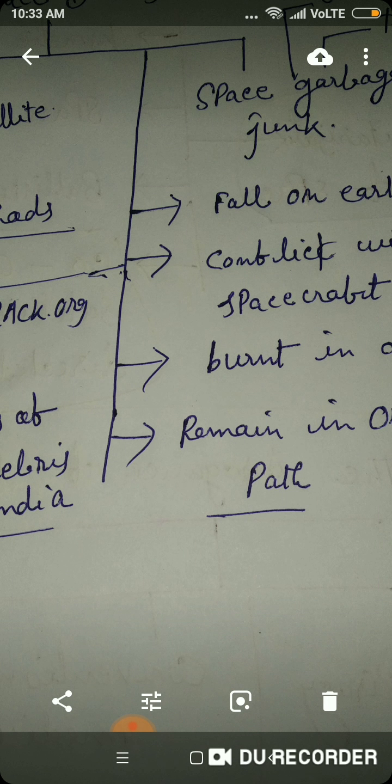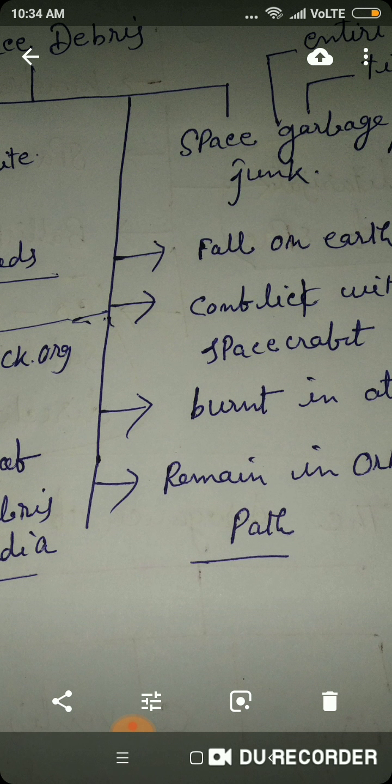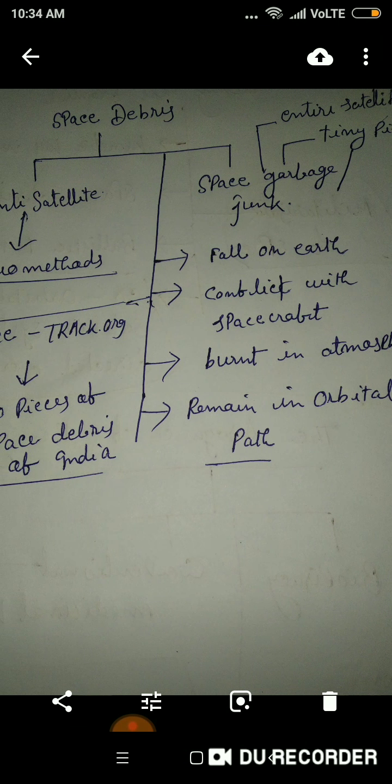Whatever unnecessary things we throw out in our day-to-day life which are not usable, in that way all the experiments, spacecraft and satellites which have been put in space and which are out of work after their term is over, remain as garbage in space. This is a very serious matter to think over at present, and these are called space debris.